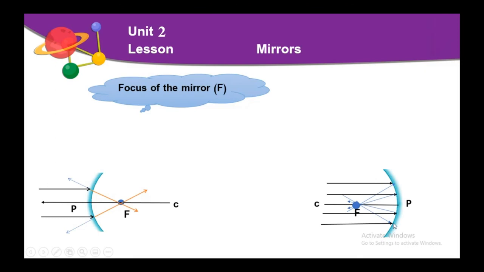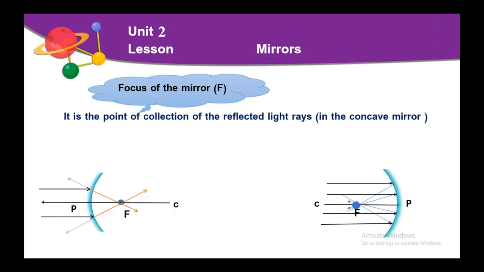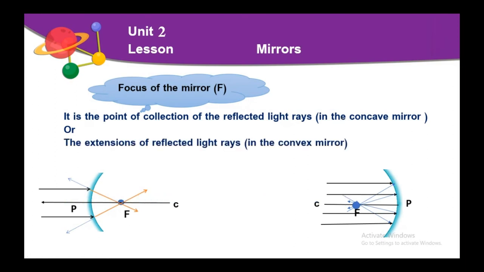A real focus is the point of collection of reflected light rays, but a virtual focus is the point of collection of the extension of reflected light rays. That is the definition of focus: in the concave mirror, it is the point of collection of reflected light rays, but in the convex mirror, it is the point of collection of the extension of reflected light rays.